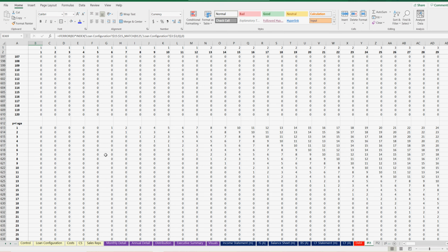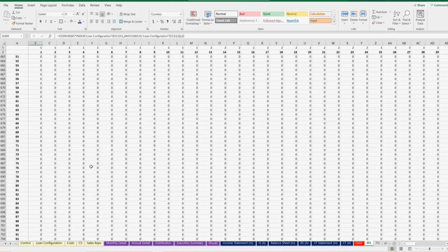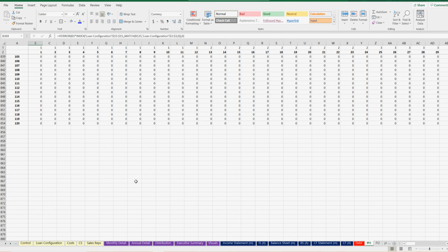The P&I age, which is different from the actual age since the origination, because this is going to be used in a P&I payment and principal payment calculation of an Excel formula. The number of payments could change based on the term or the assumptions changing over time.